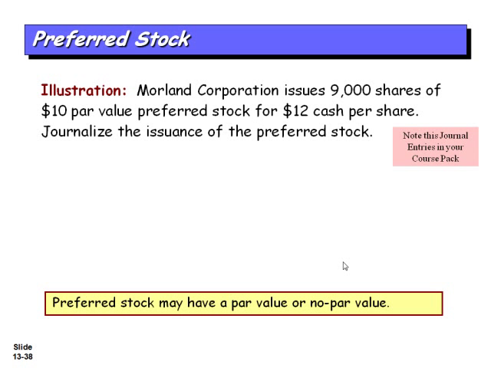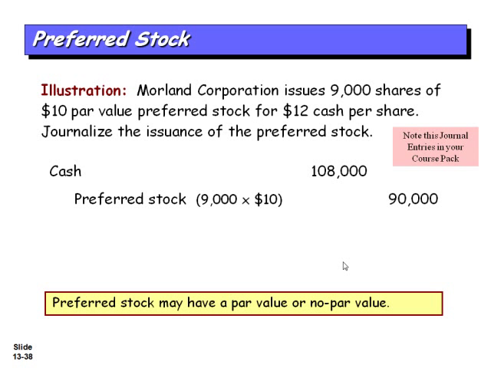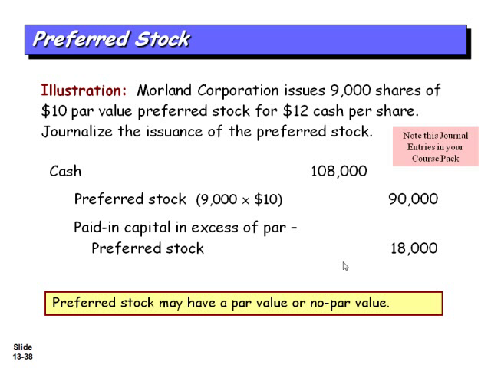What is the journal entry for an issuance of preferred stock? Debit cash, credit preferred stock again at par value, and credit paid-in capital in excess of par preferred stock. So pretty much identical to issuing common stock, just a slight account title change.